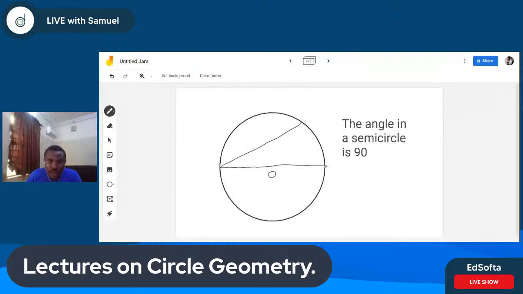You now draw another one to touch that same circumference and it should also touch the end of the diameter. This is going to be 90 degrees. That is because this is the diameter, and this is a whole semicircle and this is another semicircle. Do you understand? So the angle in a semicircle is 90 degrees.